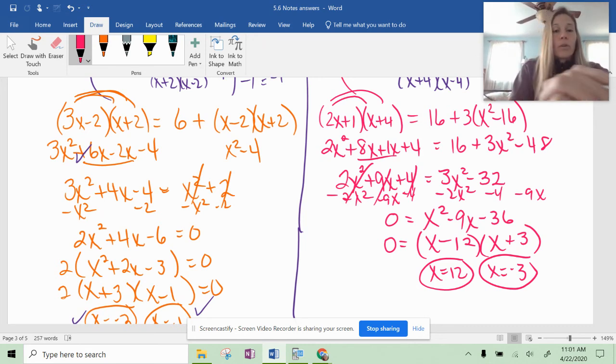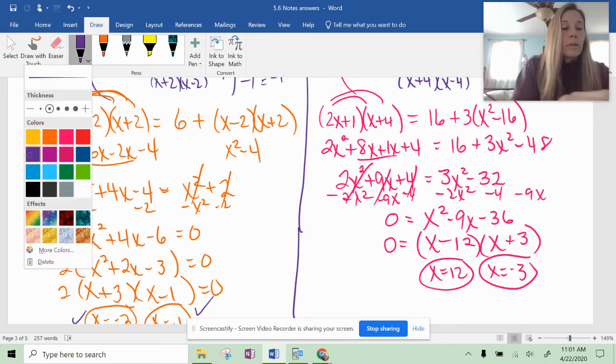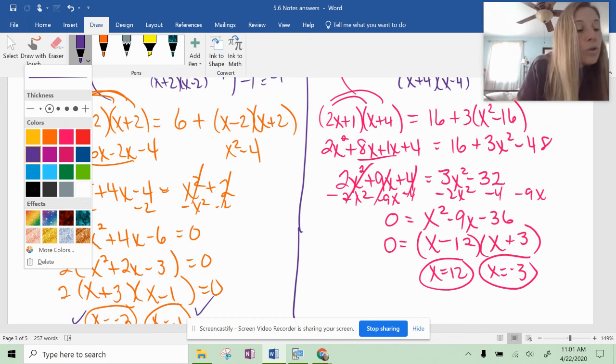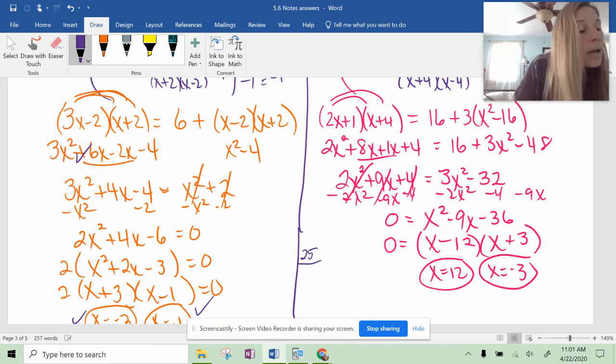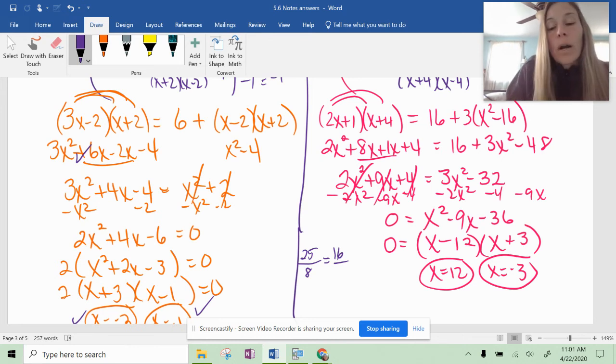So if we want to check those two solutions, if I'm checking my 12, 2 times 12 is 24, plus 1 is 25, and then 12 minus 4 is 8. And then I would have 16 over 12 squared is 144 minus 16 is 128, right? And then plus 3.